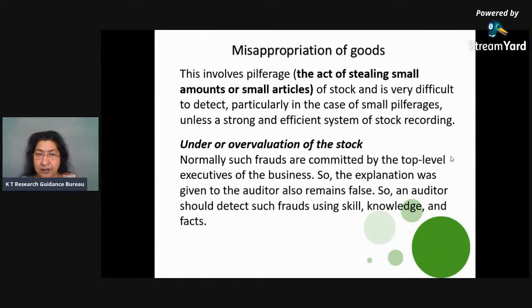Then under or overvaluation of the stock. So normally such frauds are committed by the top level executives of the business. So the explanation given to the auditor also remains false. So an auditor should detect such frauds using skill, knowledge, and facts. Overvaluation of stock.